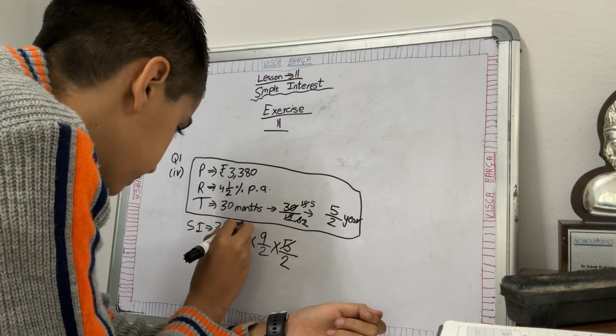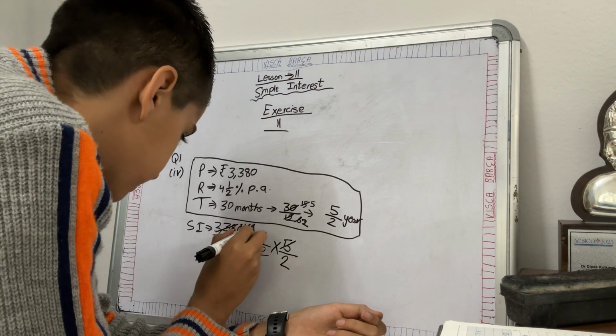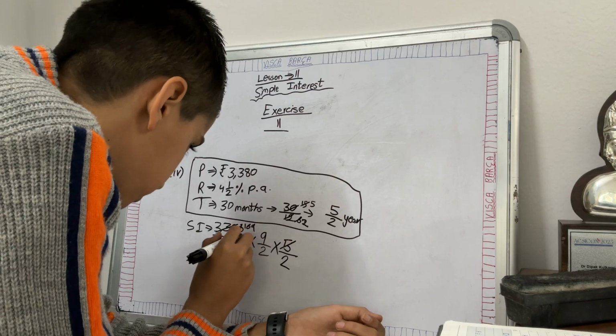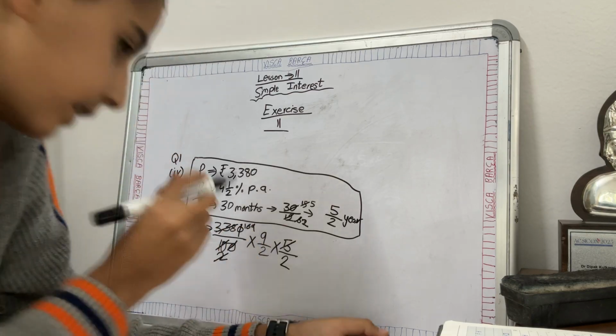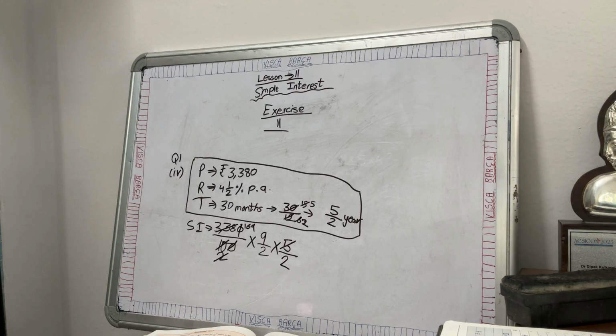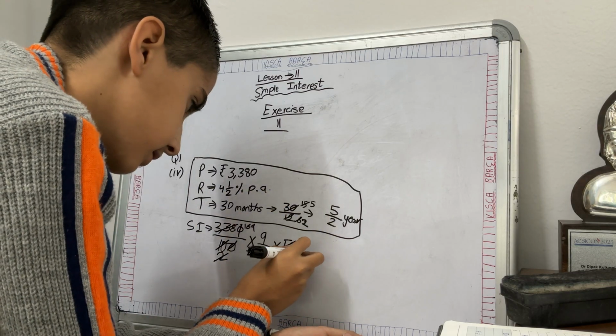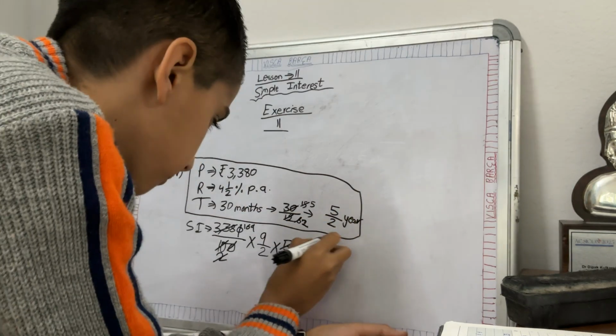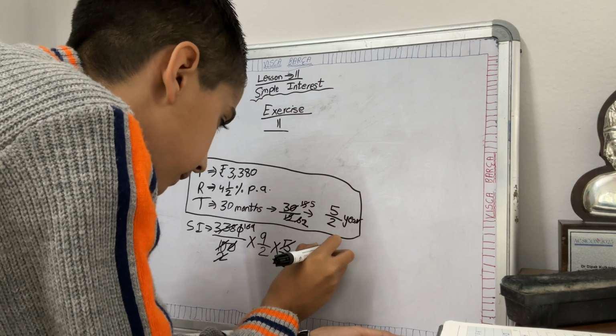Now this is 169. Now 169 into 9 is 1521. Yeah, 1521 upon 4, 2 into 2, 4.